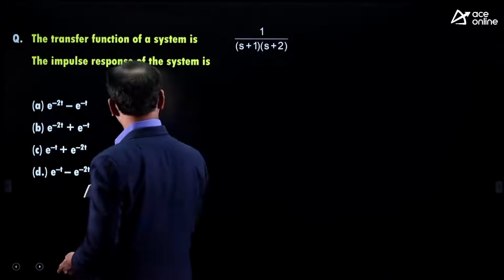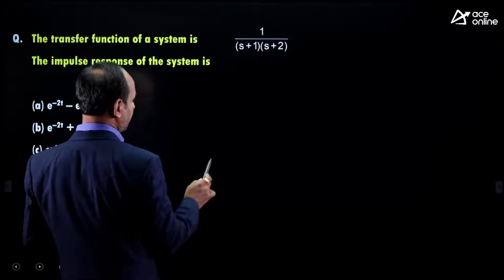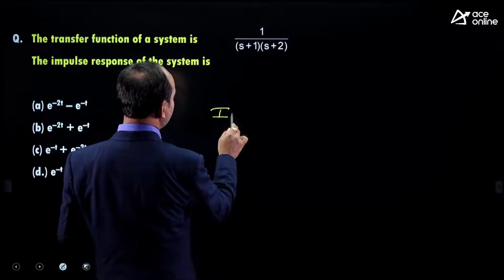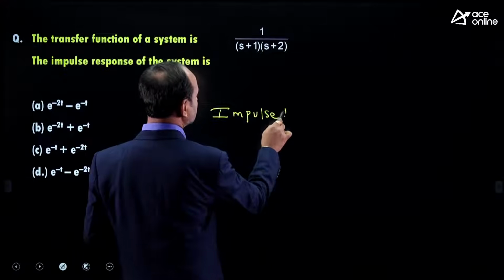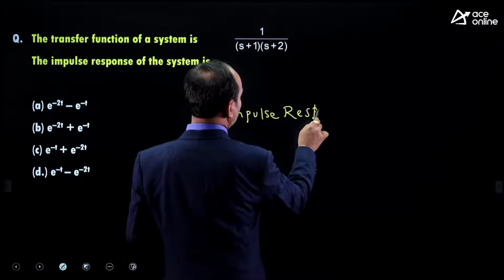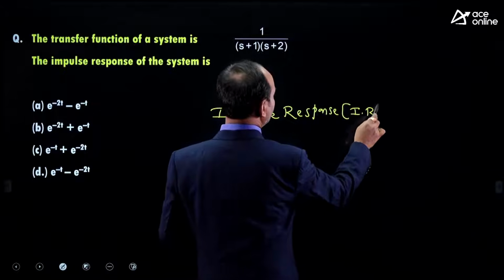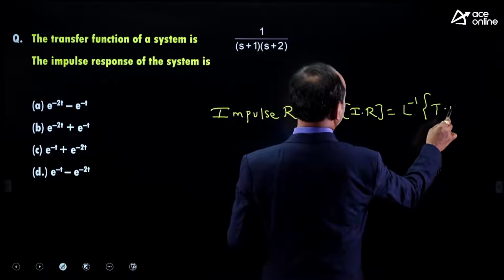So impulse response IR equals L inverse of the transfer function.